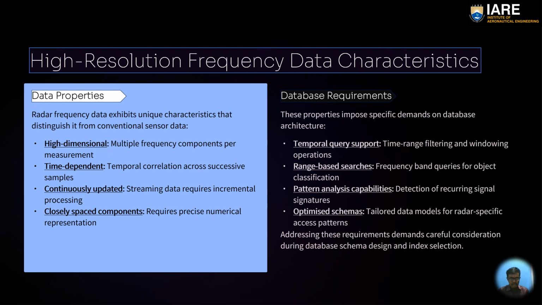One of the characteristics is that the data is high dimensional, that is multiple frequency components per measurement occur, and it is time dependent, because temporal correlation across successive samples is present, and it is continuously updated.